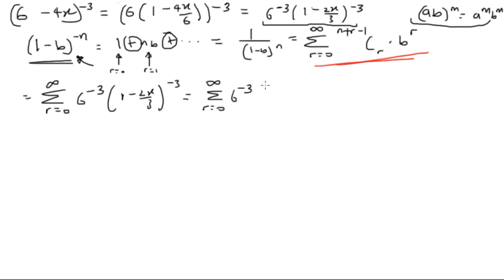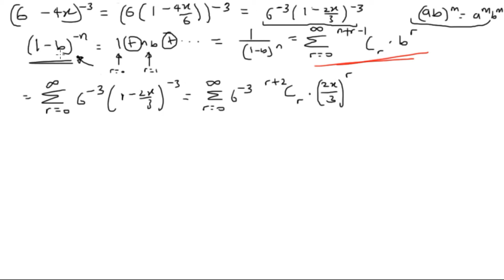Then I will have n plus r minus 1. My n in this question is 3, and my r remains r, so 3 plus r minus 1, that's r plus 2 combination r, times b. In this case, my b is 2x over 3 raised to power r.